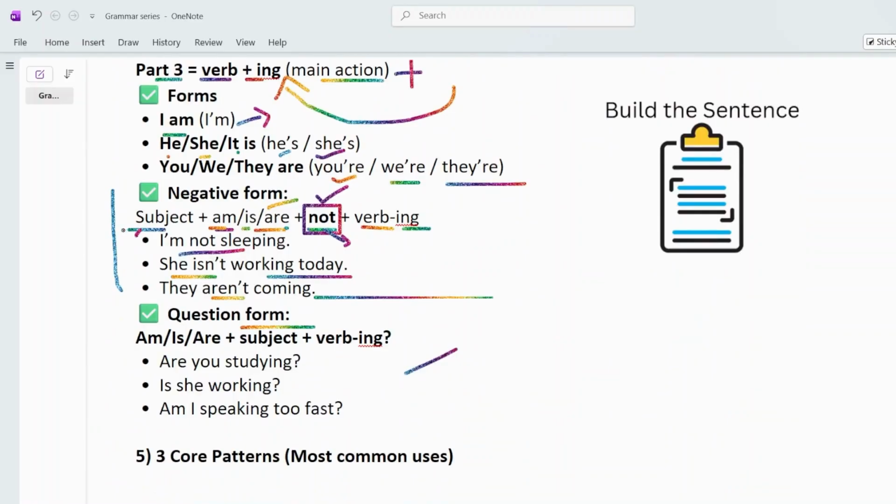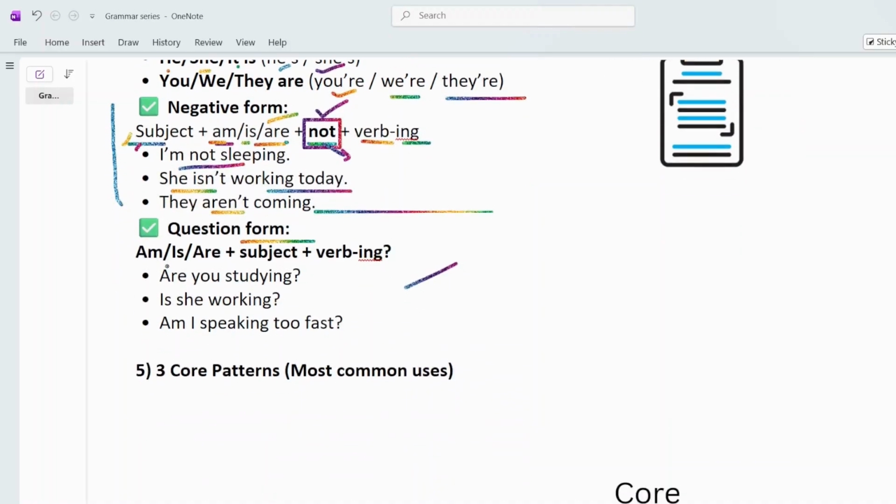In the negative form also, it is the subject that takes the first position, the primary position. Now, when you form a question using the present continuous tense, your auxiliary verbs or helping verbs always come first and take the primary position.